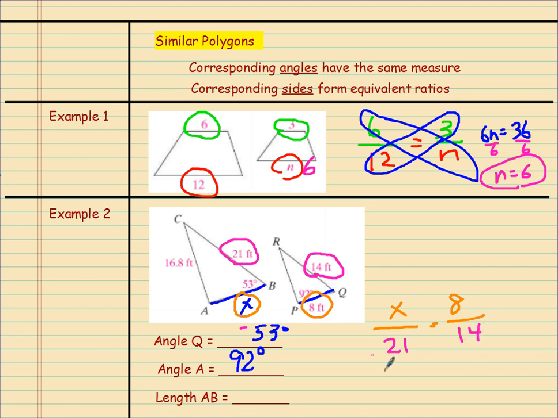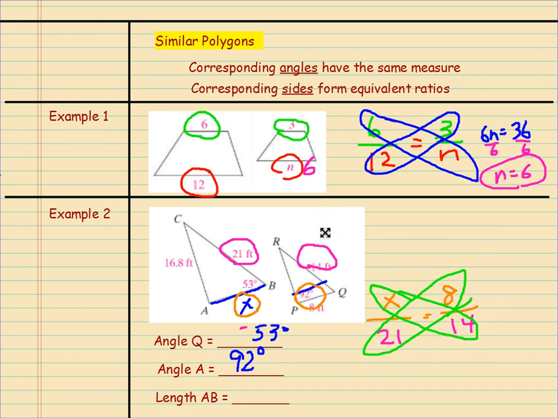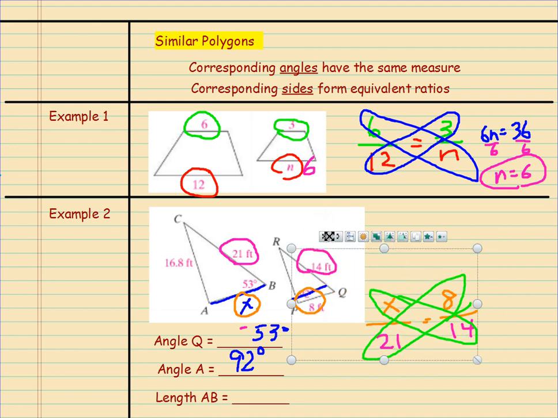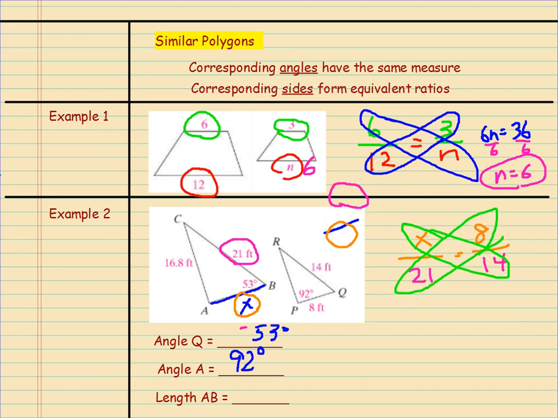Notice that these two numbers here, the x and the 21, belong in the same triangle. These two in the same triangle. 8 and the 14 are from the same triangle. Now all we do is solve the proportion. Cross multiply. X times 14 is 14x.